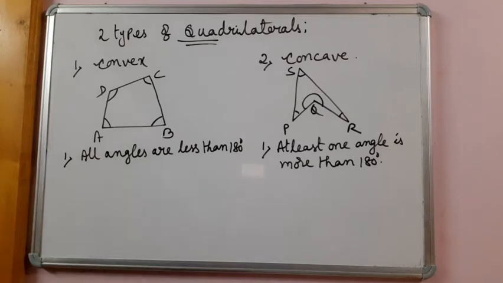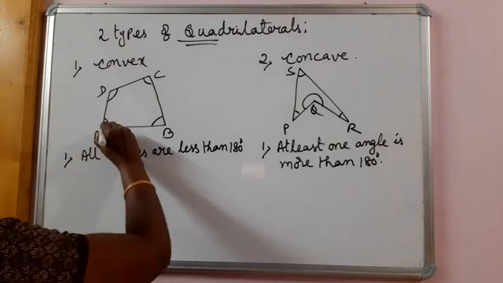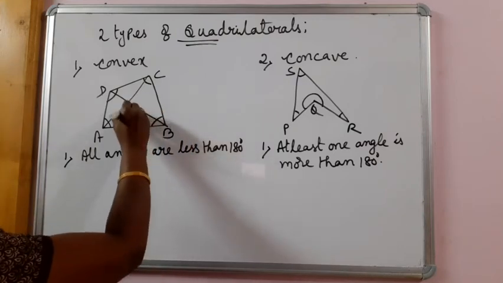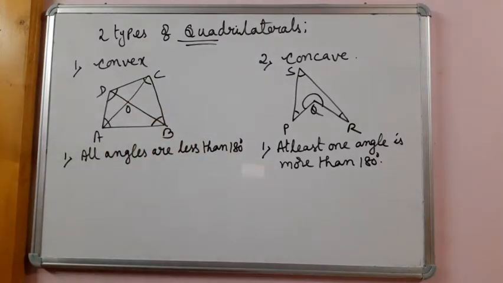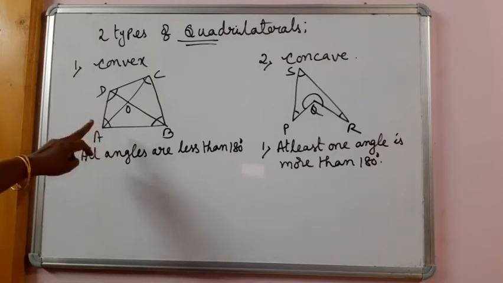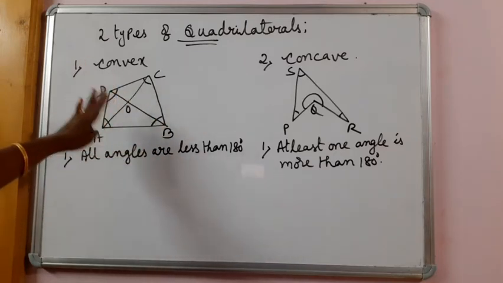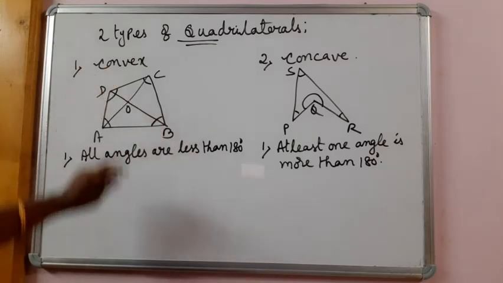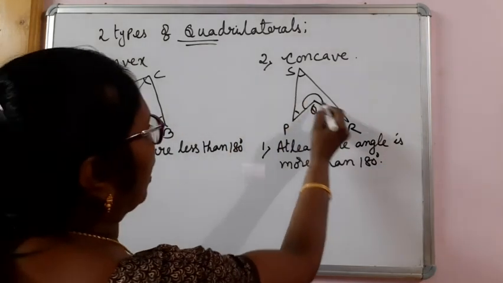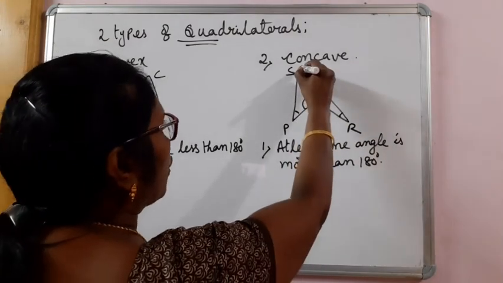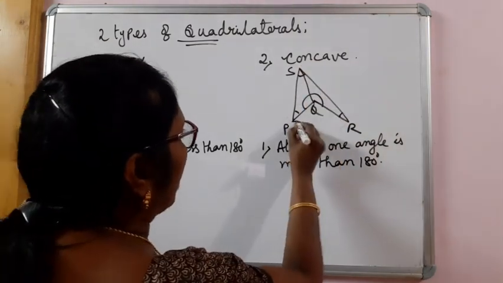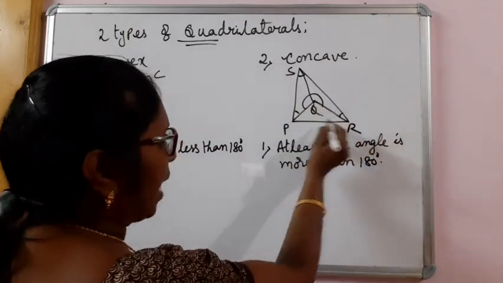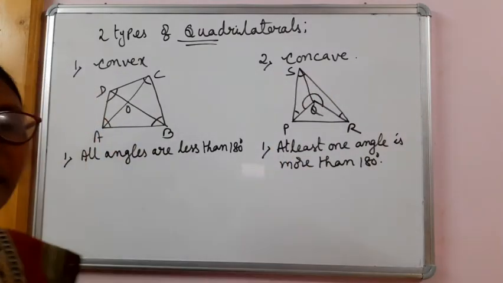And here, when we draw the diagonals, they intersect each other interiorly. In a convex quadrilateral, both the diagonals are interior to the quadrilateral. But in PQRS, we can see PR is one diagonal and QS is another diagonal, and the diagonal PR is outside the quadrilateral.